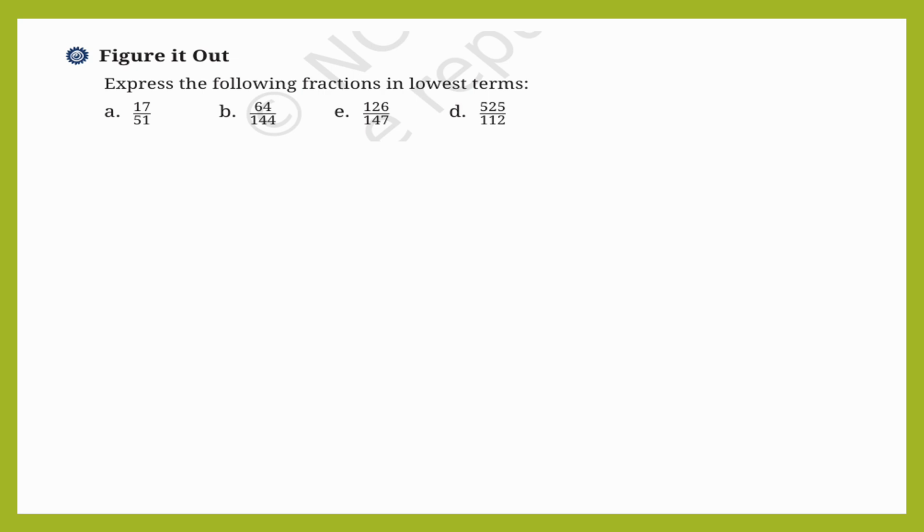Figure it out. Express the following fractions in lowest terms. First one, 17 by 51. So first, find a common factor for both numerator and denominator. See, 17 is a common factor of both 17 and 51.